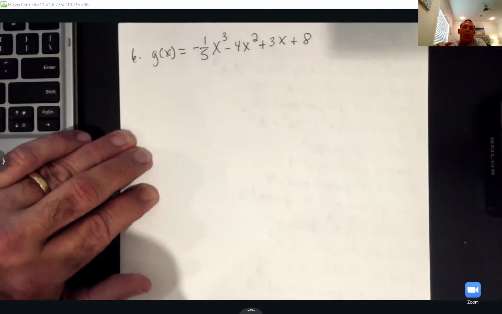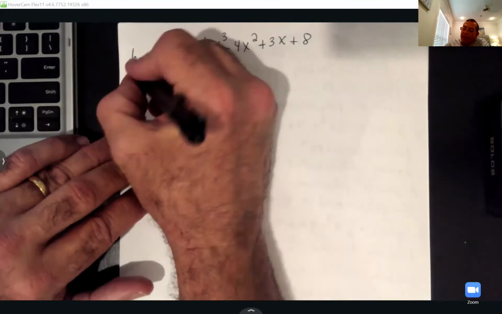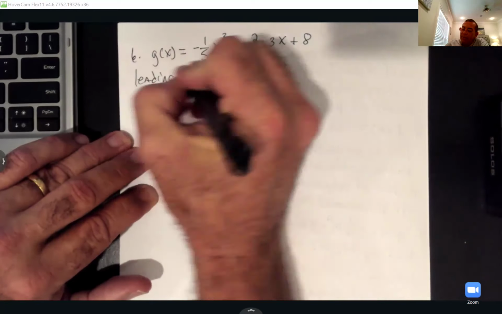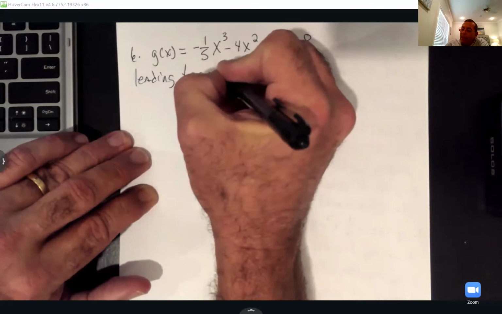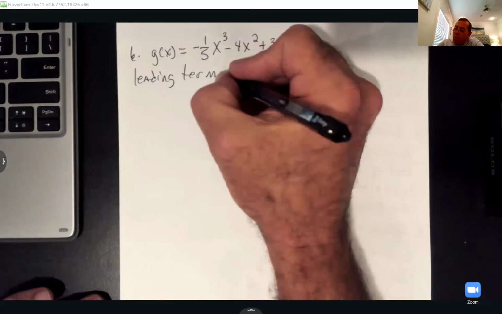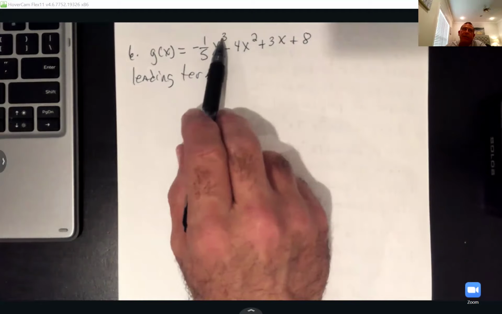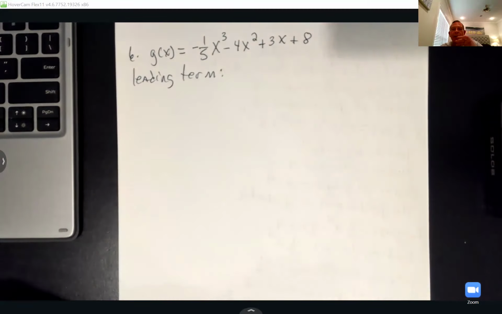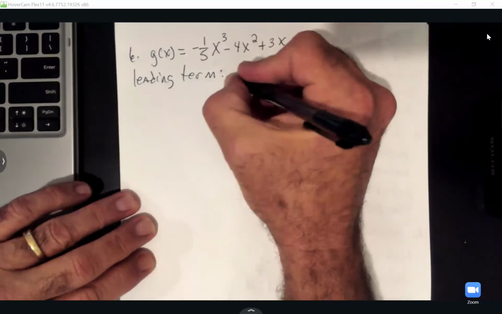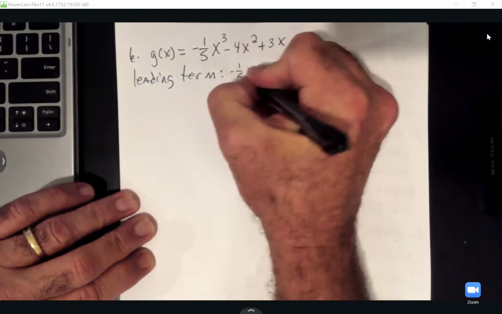So the first thing they want to know on this one is the leading term. And y'all, I'll tell you, the reason we want to know about these degrees is because the degrees you're going to learn next week tell me how many times the graph turns, tells me how many zeros I got, and all that fun stuff. So what is the leading term? -1/5 x to the third. There you go.